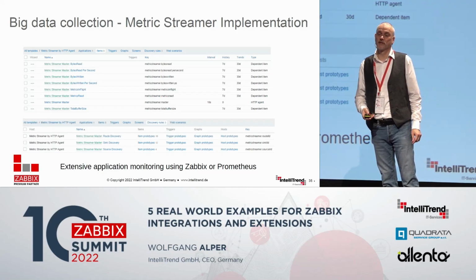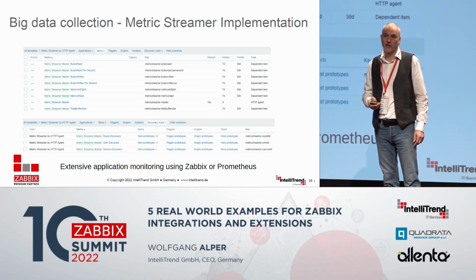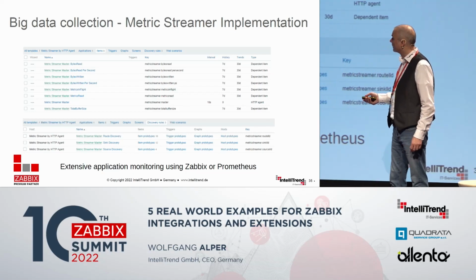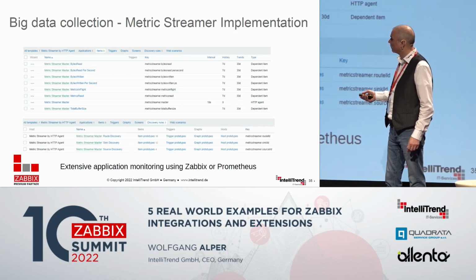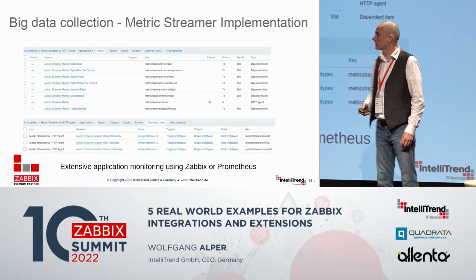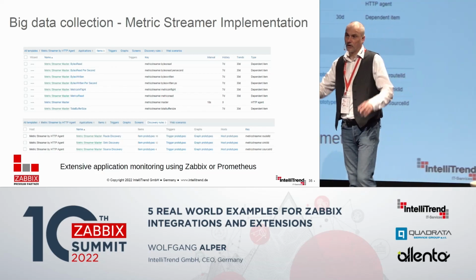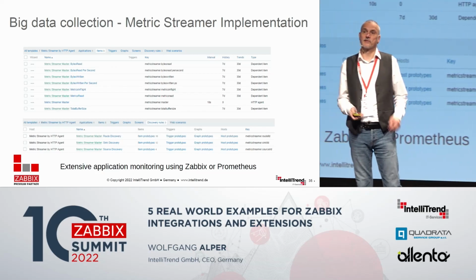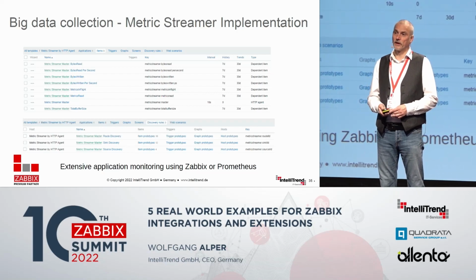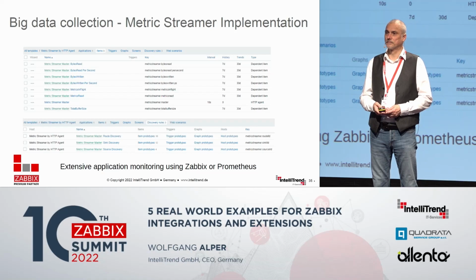And then we are using the wonderful low-level discovery feature from Zabbix to discover all of the root definitions and all of the data sources automatically. Here you see the prototype definitions, and then it will create all of this, and you can monitor this metric streamer big data collector in real time using Zabbix or using Prometheus.